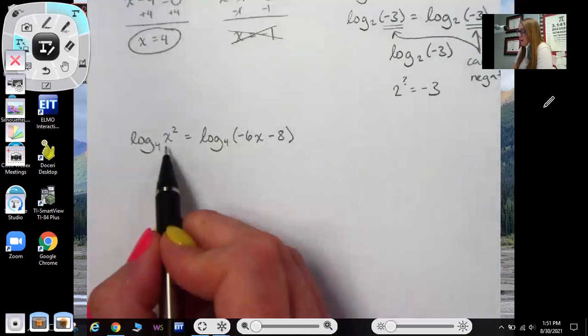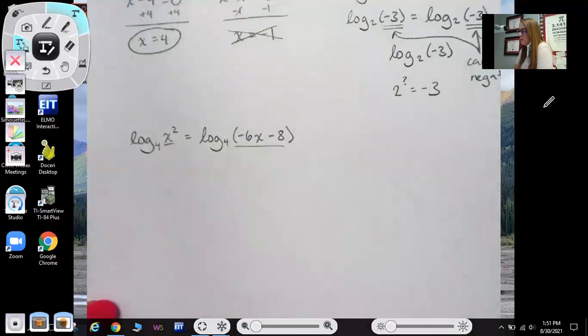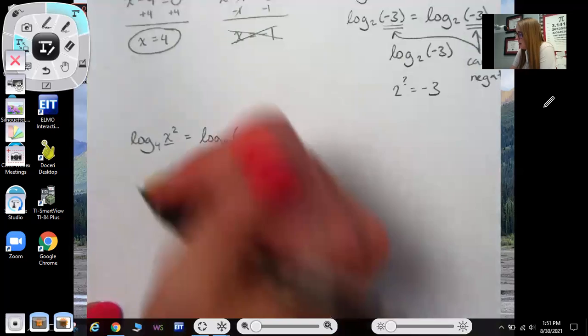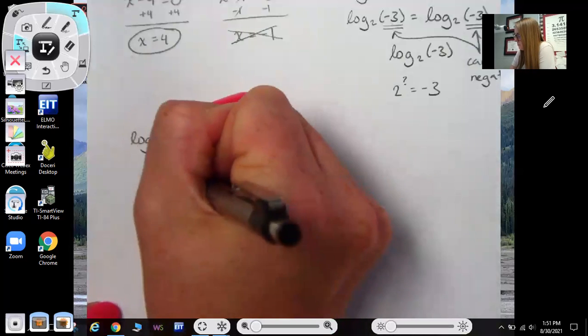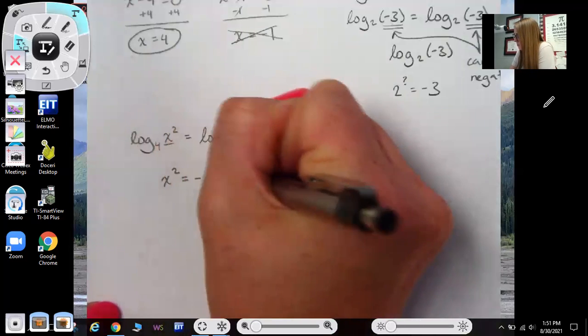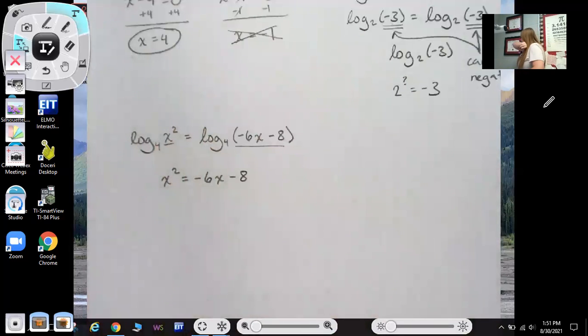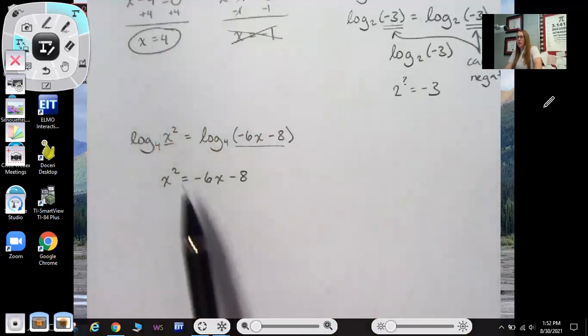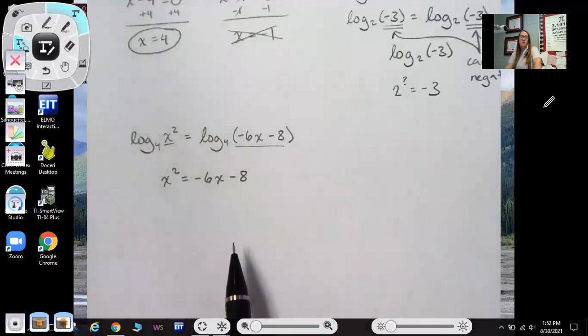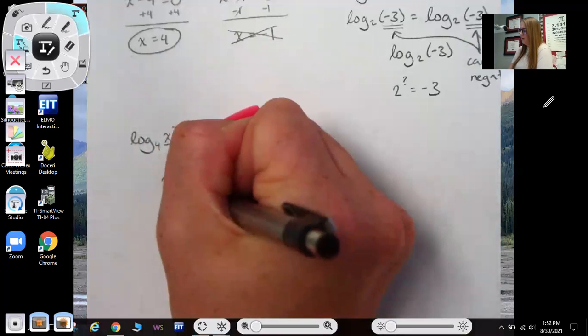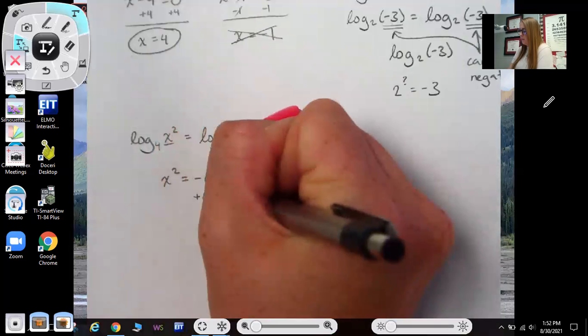Because they have the same base, we know x squared has to be equal to negative 6x minus 8. Then we want to solve for x. So again, because we have x squared and a term that has just x, the way that we're going to have to solve is by getting everything on the same side of the equal sign and factoring.